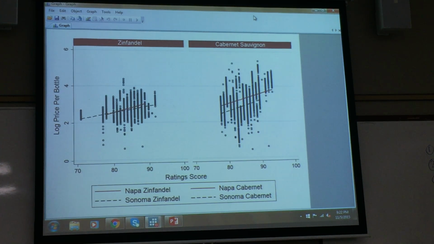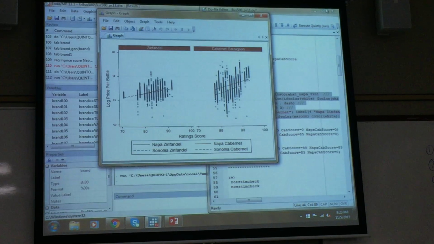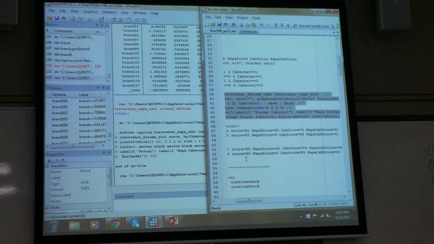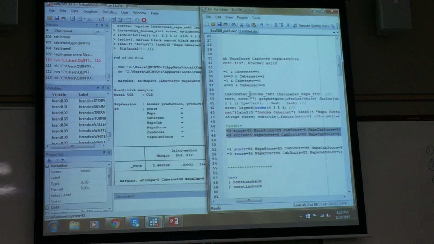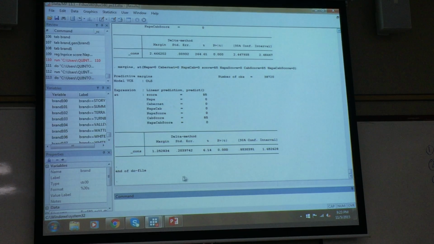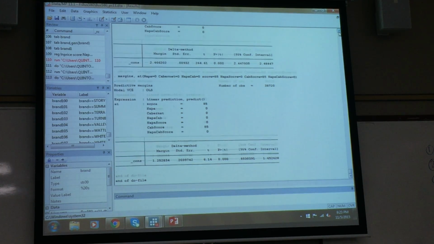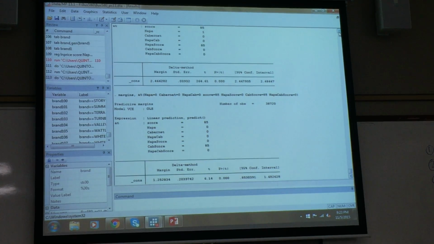And again, the vertical distances, we can calculate those right now, again using margins. Reuse the same margins command. All right, we've got score at 85, we're evaluating at 85 again.